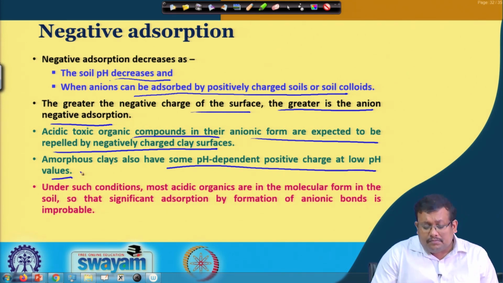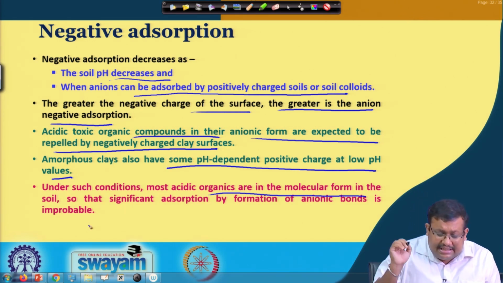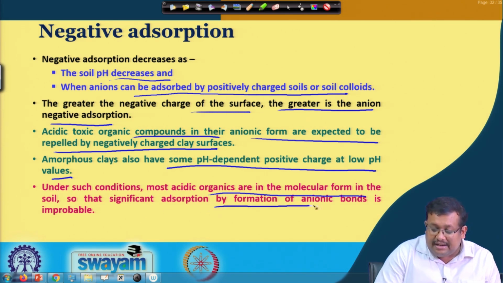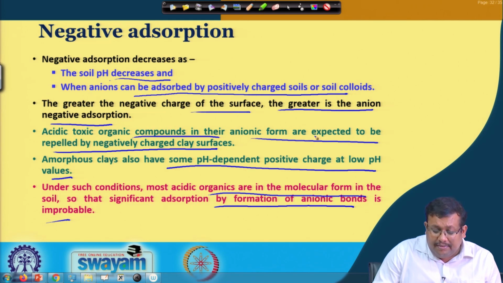Under such conditions, most acidic organics are in the molecular form in the soil, so significant adsorption by formation of an anionic bond is improbable, because we have seen that acidic toxic organic compounds in their anionic forms are repelled by negatively charged clay surfaces.